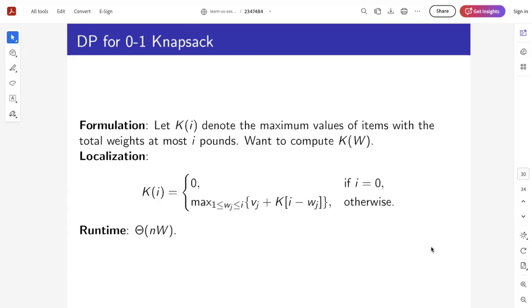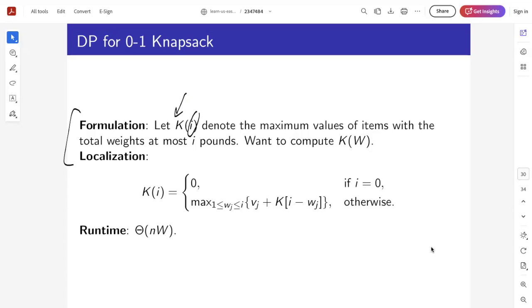All right, so again, using dynamic programming for 0-1 knapsack, we follow the same old trick. We formulate a problem, and then we come up with a recurrence relation. First, we are going to name the problem K, standing for knapsack, and then we use I to indicate the capacity of the knapsack.